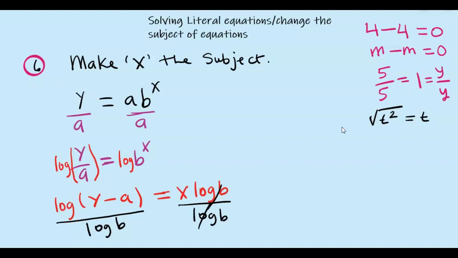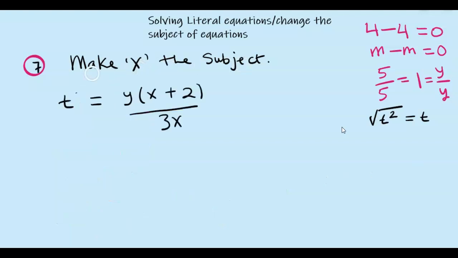It turns into 1, they go away. And here we have log, so that also can go away, leaving us with y minus a equals x. And we are done. Let's look at our last example.